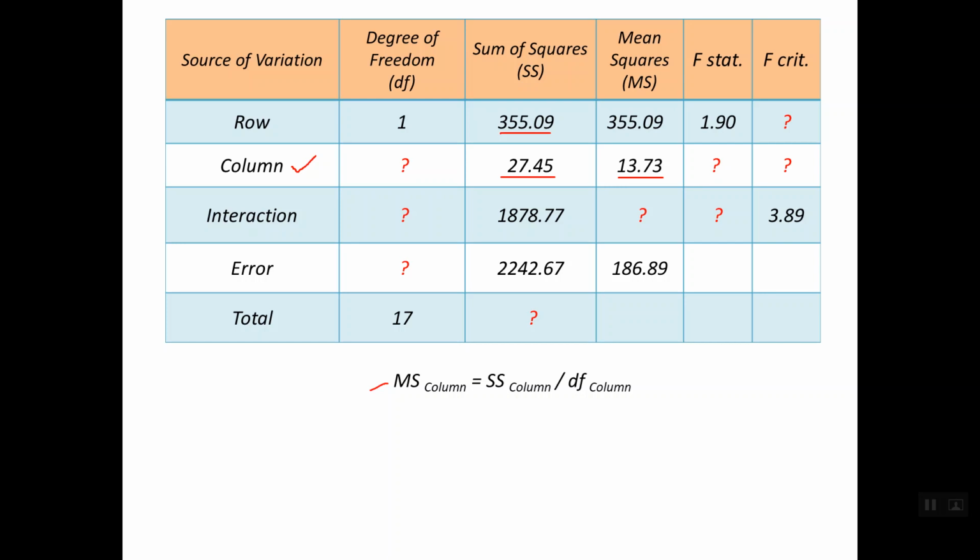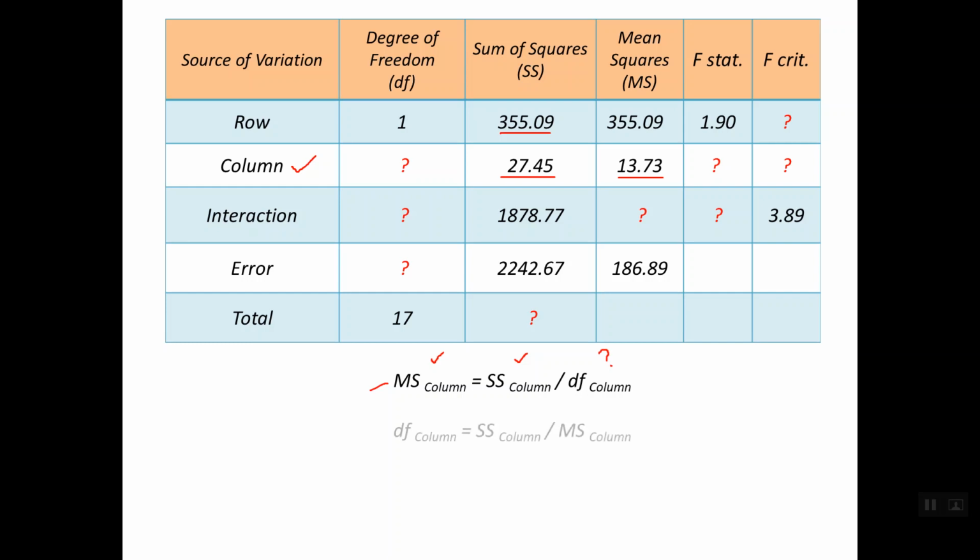The MS for the second factor is simply equal to the SS for this factor divided by the degree of freedom of this factor. The MS for the column is known, it is 13.73. The value of the SS for this factor is also known, it is 27.45, while the missing value is the degree of freedom.